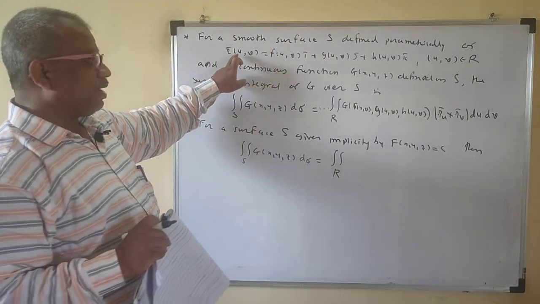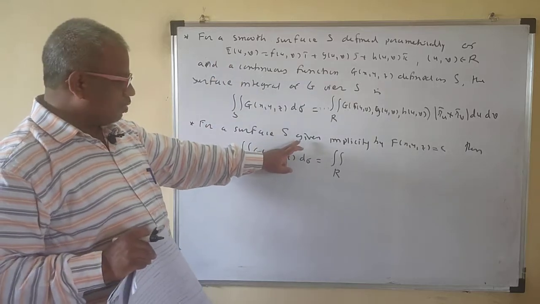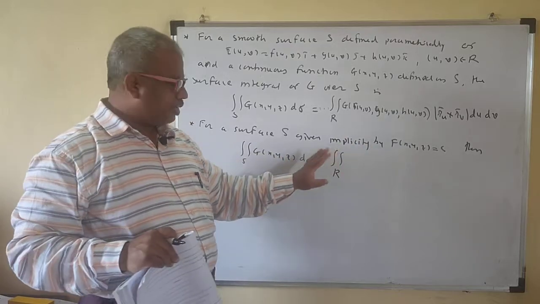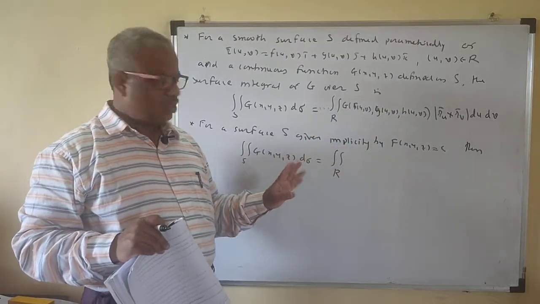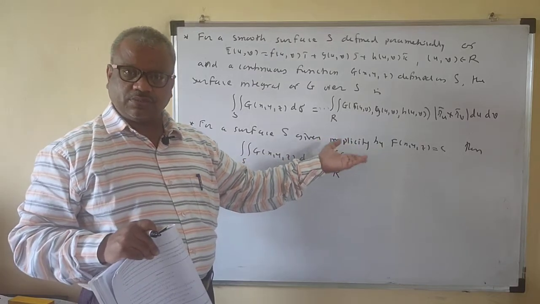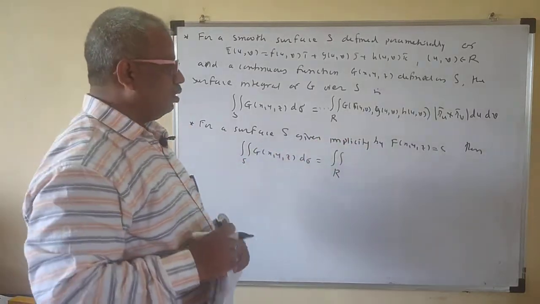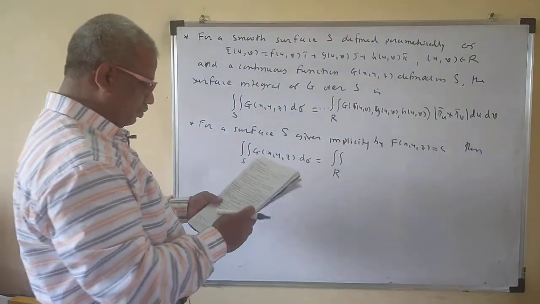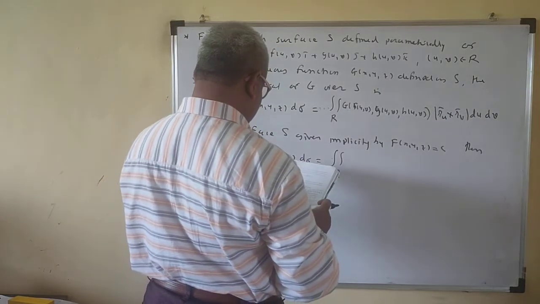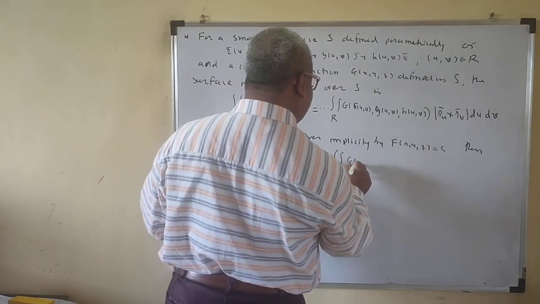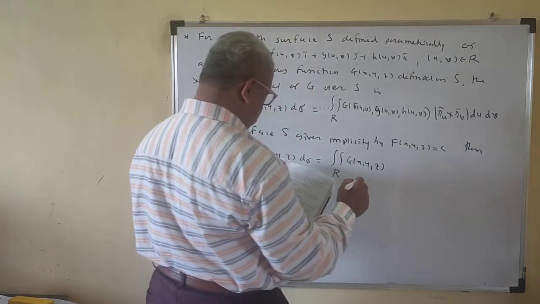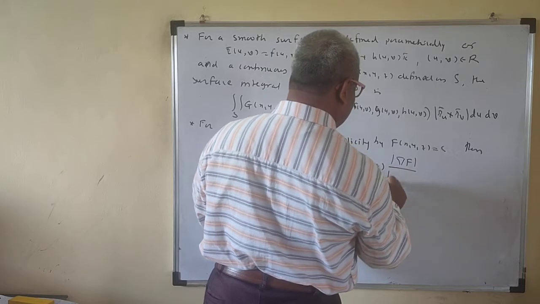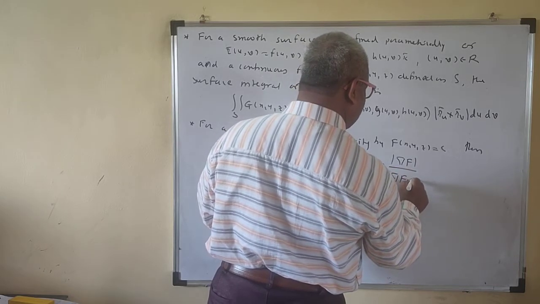Here the parameterizations are given. But here the surface is given implicitly in terms of x, y, z, so suppose we cannot find the parameterization of this one. Then you can find the gradient of the function. So we use that gradient of the function. This is actually the normal vector. So g of x, y, z we put as it is, and this is grad f upon grad f dot p bar.